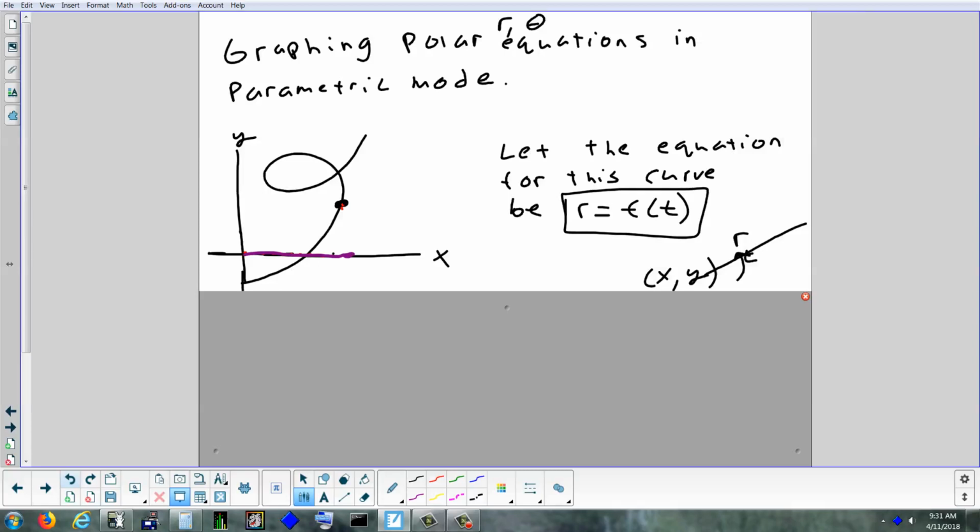It's x's and y's. Yep. So when we get to parametric, we're going to have x's and y's. And keep in mind, what's the letter we always use in parametric for the variable? Yeah, we're going to use t's. All right, so we're going to go from r's and thetas to these x's, y's, and t's.